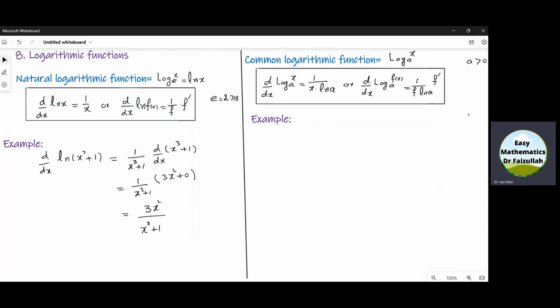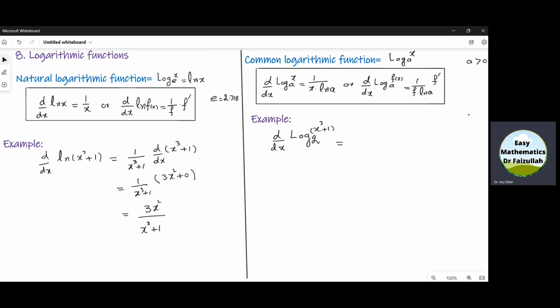Let us explain it by an example. d by dx of log of x cube plus 1 to the base 2.